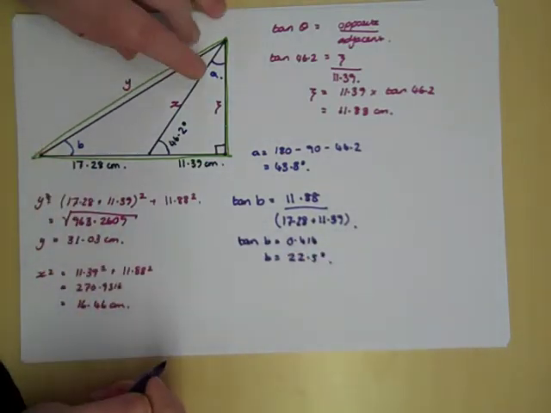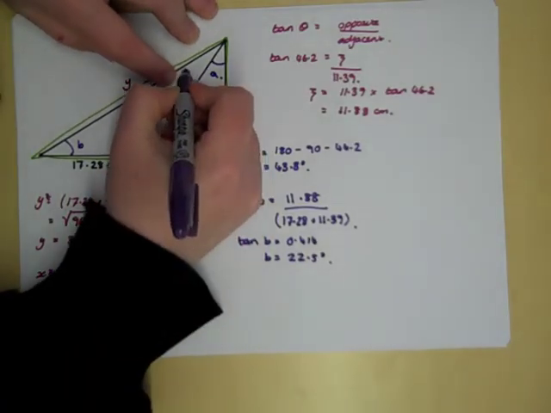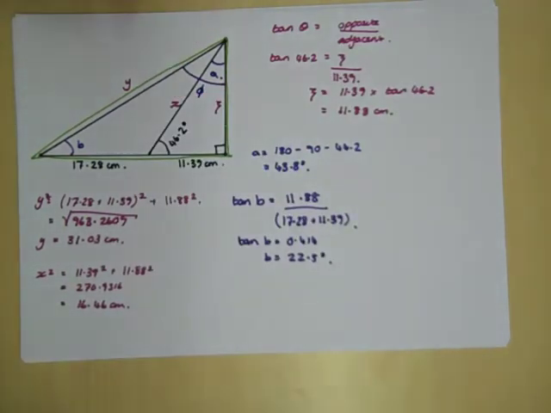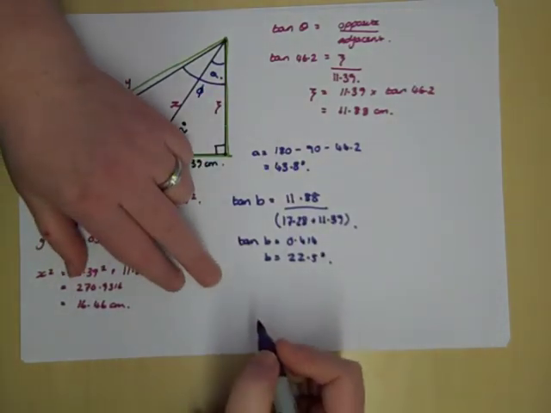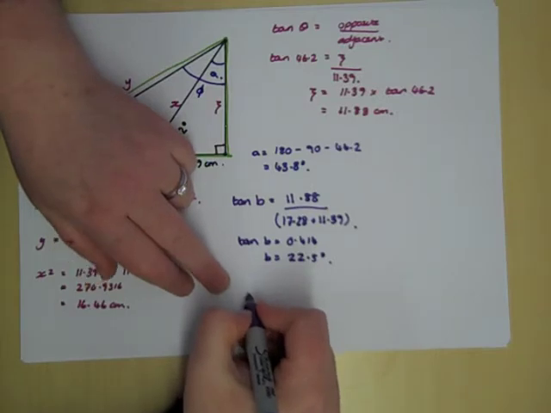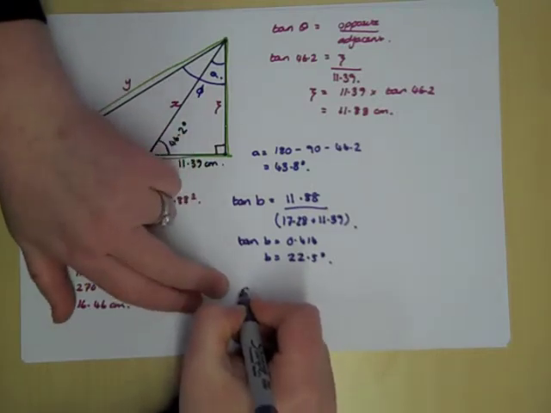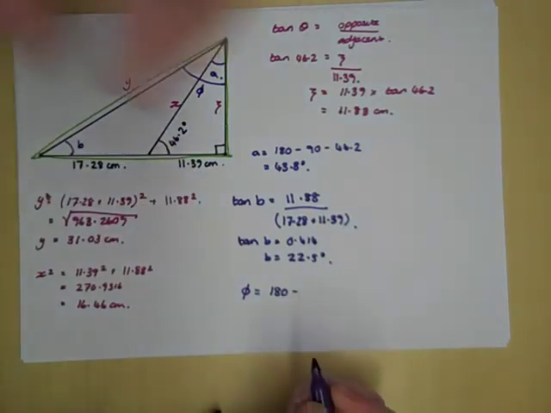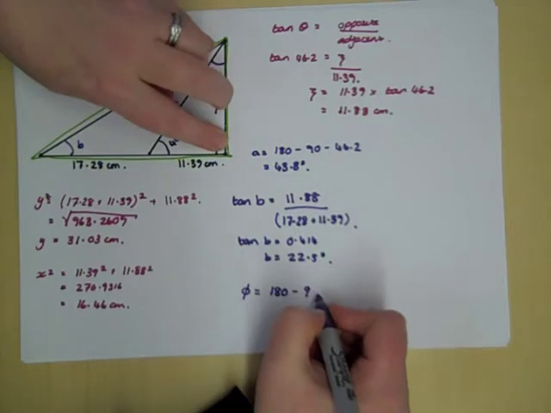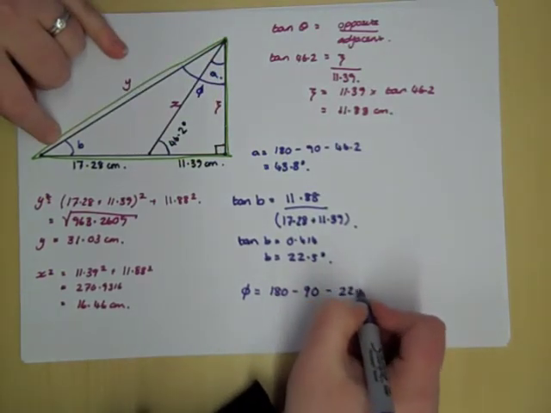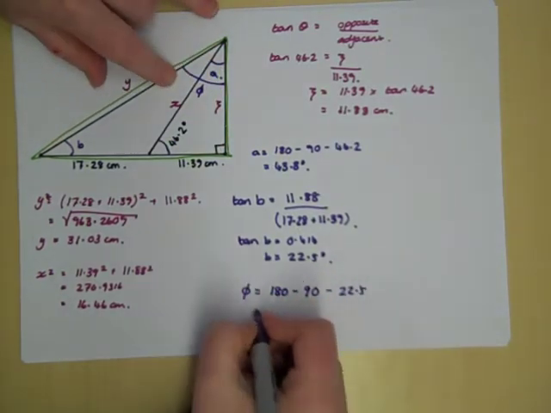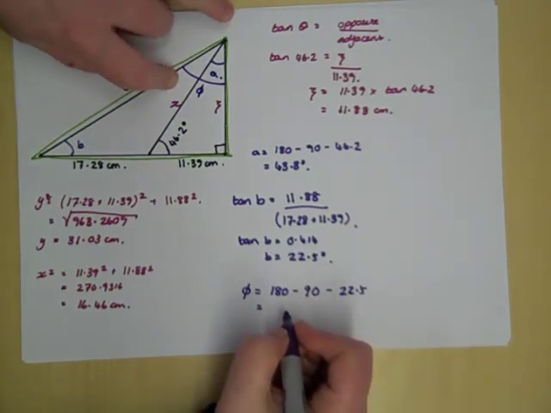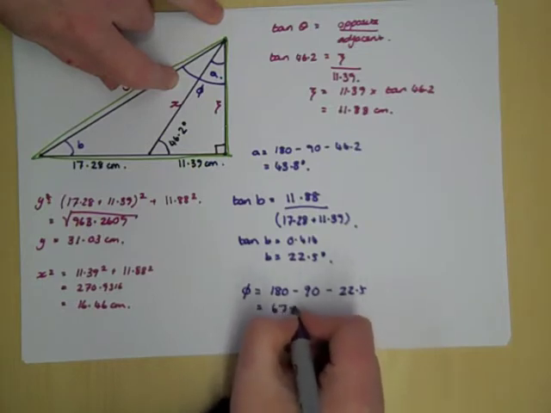And finally, what I'm going to do is I'm going to call this whole angle here phi. And so I'm going to say that phi is equal to 180 minus 90, because it's a right angled triangle, minus 22.5. So the whole of this angle here is equal to 67.5 degrees.